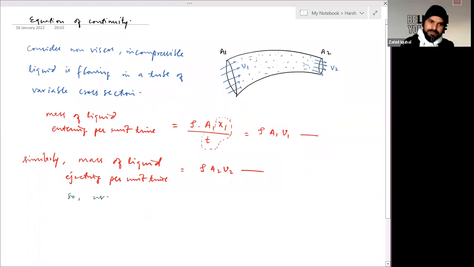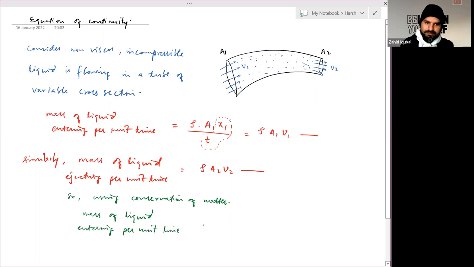So using conservation of matter, the mass of liquid entering per unit time must equal the mass of liquid ejecting per unit time.